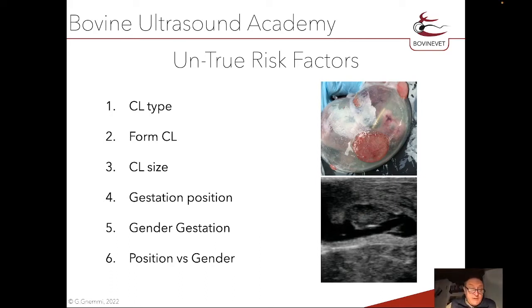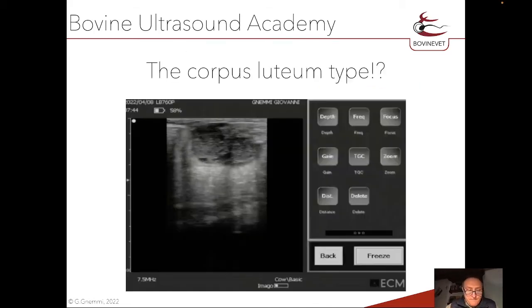And last but not least, is there a different predisposition to gestational losses by sex of gestation in progress, depending on the position, right or left, of a male or female gestation? All these fake risk factors are not actually risk factors for gestational losses. There is no scientific evidence for any of them.